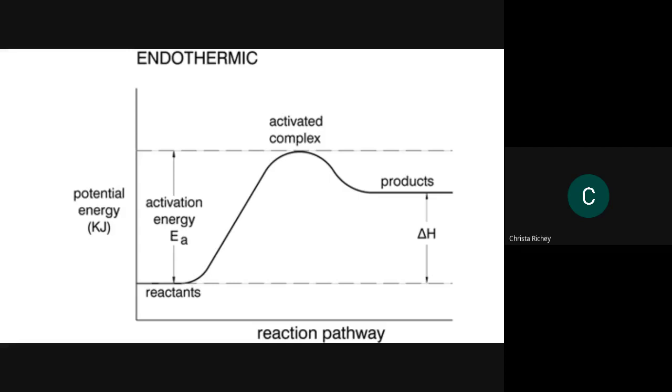So that's positive. And if you're in exo, which is this one on the dry erase, you're releasing energy, you're giving it off, and it's a negative delta H. If you don't have the right sign, plus or minus, it's not right. Technically, if you don't have a negative, I will assume that it's positive.